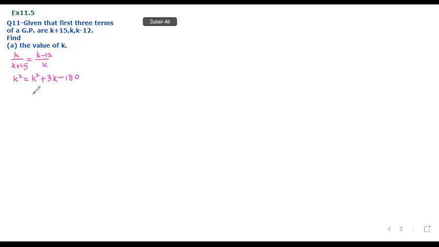So k square and k square will be cancelled. So 3k will be equal to 180 and k is coming out as 60. So this is the answer for part A of question number 11.